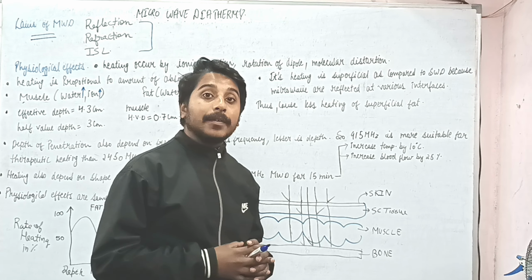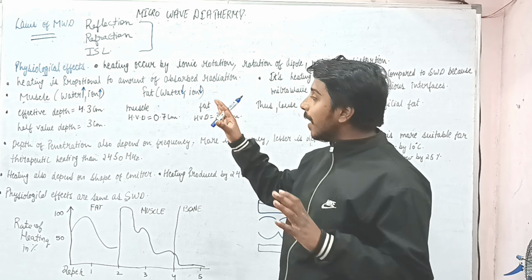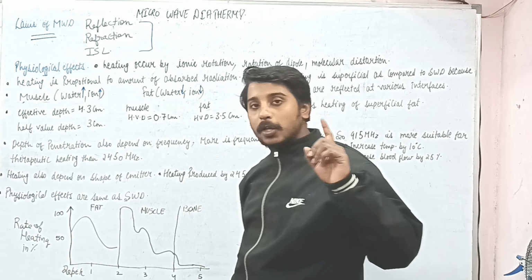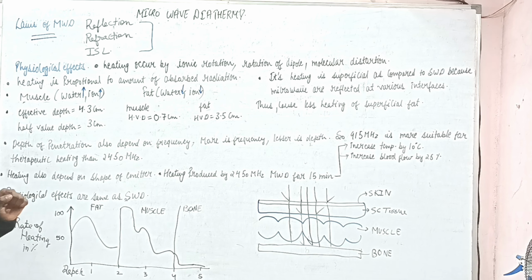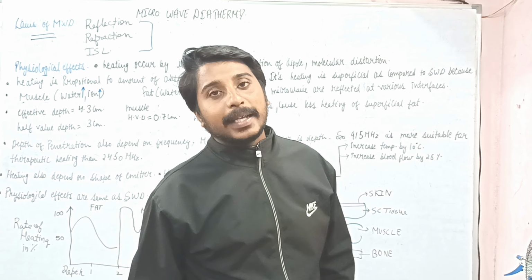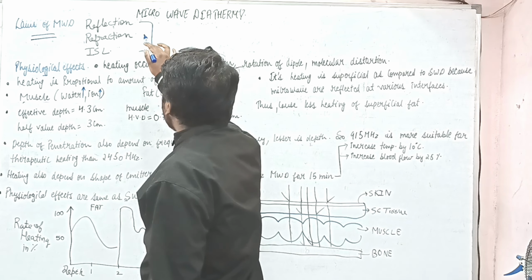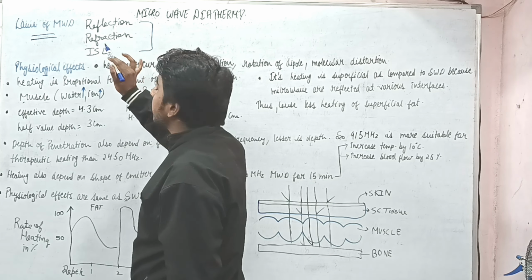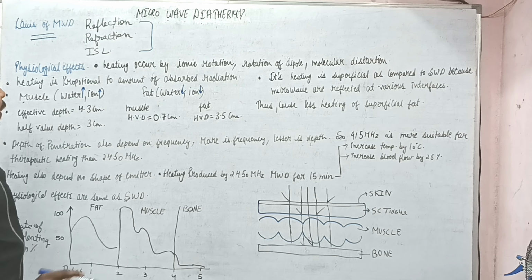We are back with our second lecture on microwave diathermy, and here we are going to study the laws of MWD along with the physiological effects. See, as microwave is also an electromagnetic radiation, it will obey reflection, refraction and the inverse square law.